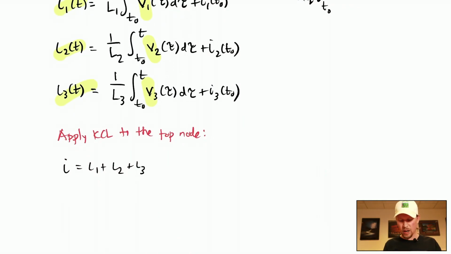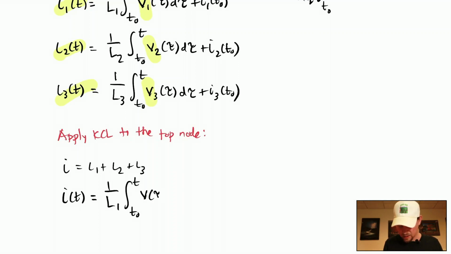So using the top equations in KCL, I get that I as a function of t is equal to 1 over L1, integral from t0 to t of V integrated with respect to tau. Whoops, not t.